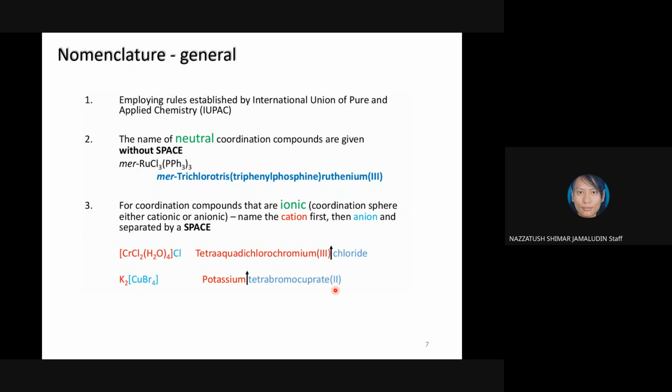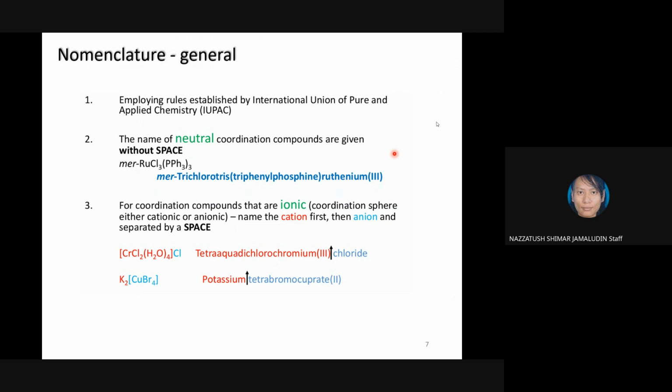We have to mention the oxidation state of every metal. So when you see cuprate, you know this copper complex is a negative charge and anion. If you see copper or cuprum, that means this tetrabromo copper is a cation. Is everyone okay? Good.